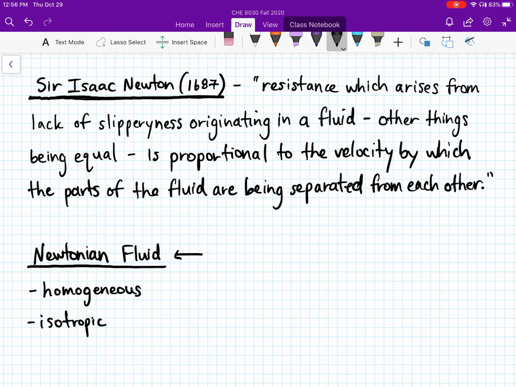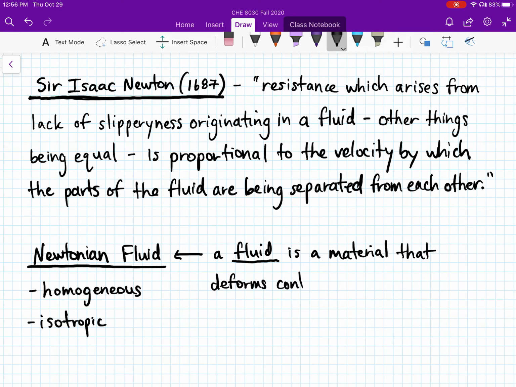In general, a fluid is a material that deforms continuously when subjected to a shear stress.